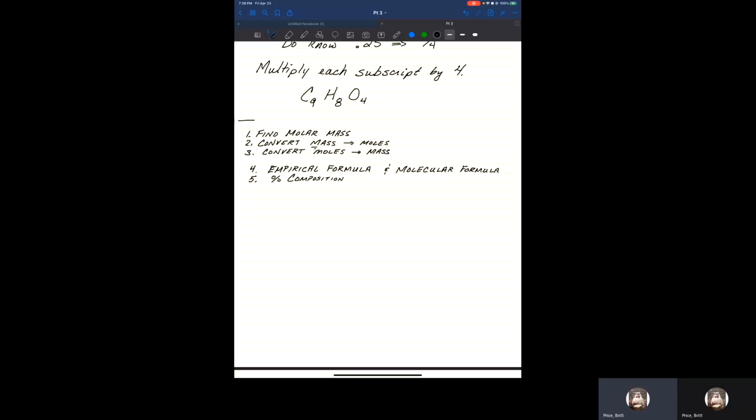None of that has anything to do with chemical reactions at all. This grouping, especially 1, 2, and 3, forms the basis for stoichiometry.